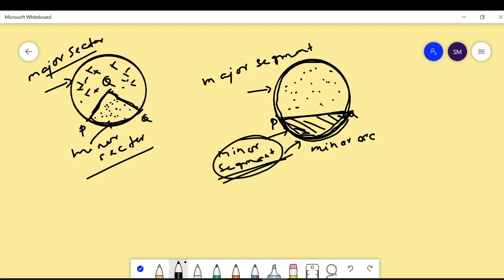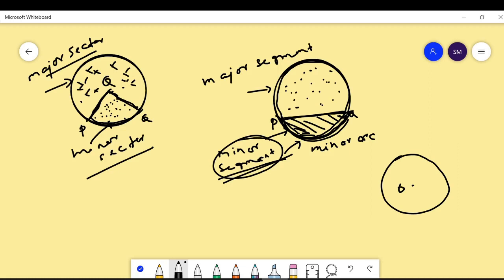Okay, then let us remember some points. The center of a circle lies in the interior of the circle. Suppose this is a circle, the center always lies in the interior of the circle, and a point whose distance from the center is greater than the radius always lies in the exterior of the circle.